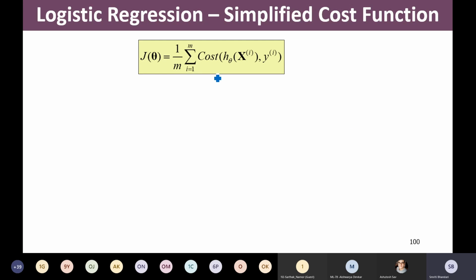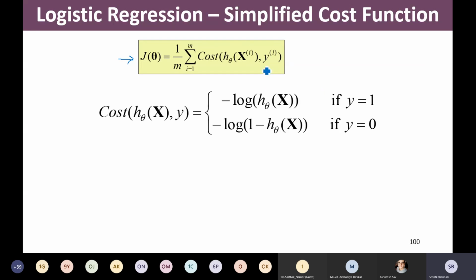So this is my cost function now, J of theta equal to 1 divided by m summation over i equal to 1 to m of cost of h theta x_i, y_i. This cost function is defined as cost of h theta x comma y equal to minus log of h theta x if y equal to 1, and minus log of 1 minus h theta x if y equal to 0. So this is how we defined our cost function.